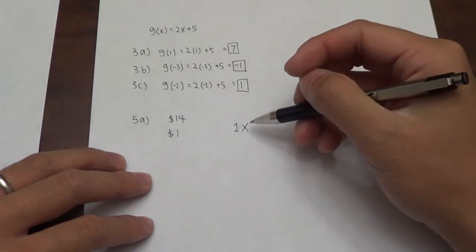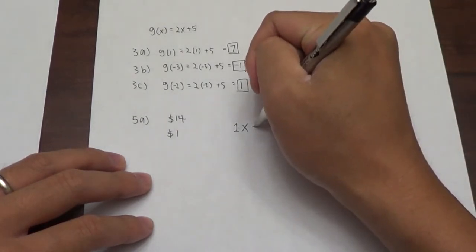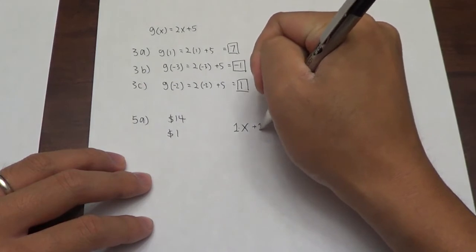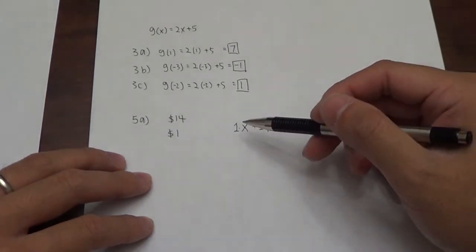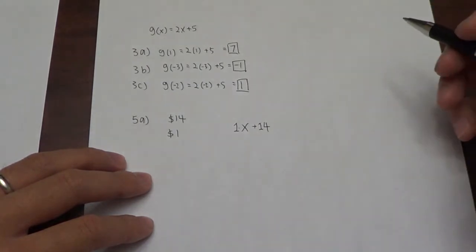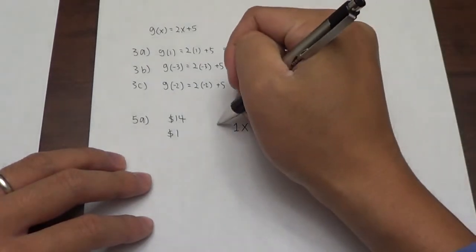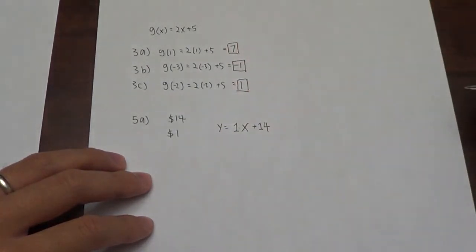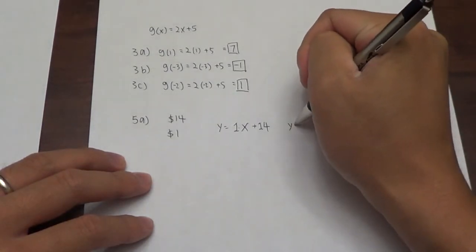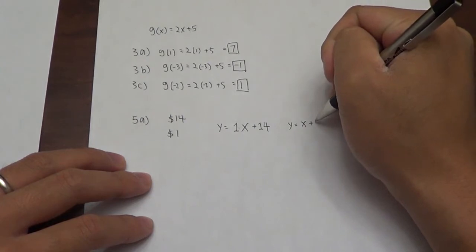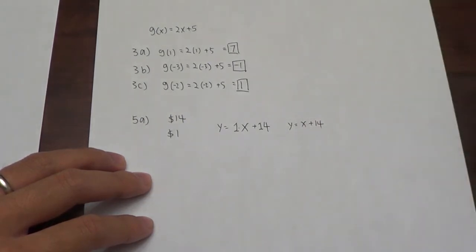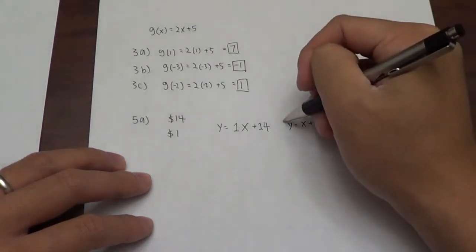Now, no matter how many cakes I make, I'm always going to have the $14 added to it because that is the initial cost, that's the fixed cost. So if I make 10 cakes or 200 cakes, I'm always going to have that $14. So that would be our equation. If I want to write that in the proper form, I don't have to write the 1, it's simply y equals x plus 14.